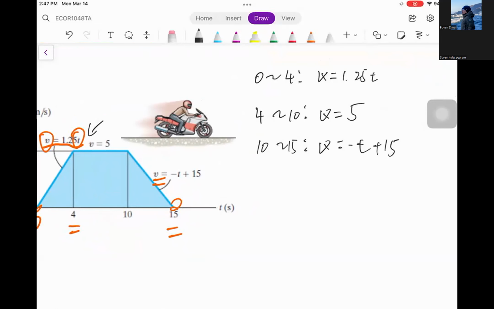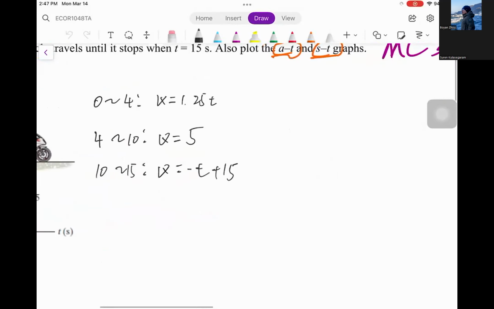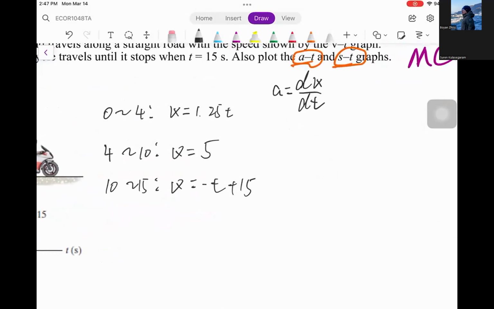Okay, so we have the velocity over time function. Now we can find the acceleration first, because for me it's easier. Remember the acceleration a is equal to dv over dt. So in order to find the acceleration, we need to take the derivative of each function here. Okay, I'm going to do it now.